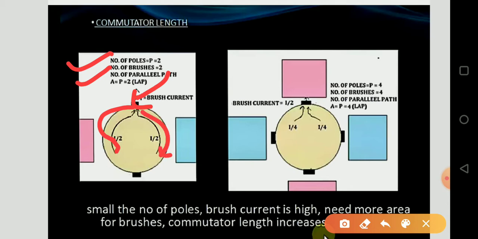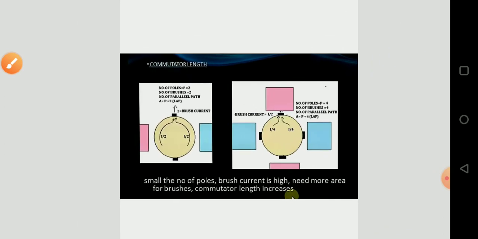In a four pole machine, we have four brushes, and the current I is divided as I by 4, I by 4. A small number of poles means the brush current is high, so we need more area for brushes, and the commutator length also increases.